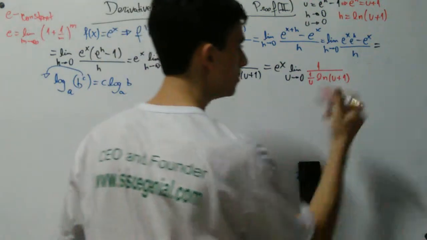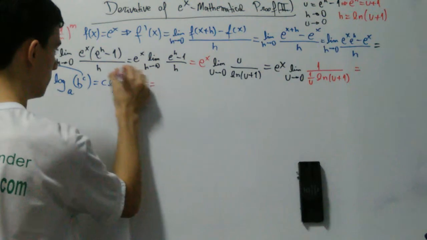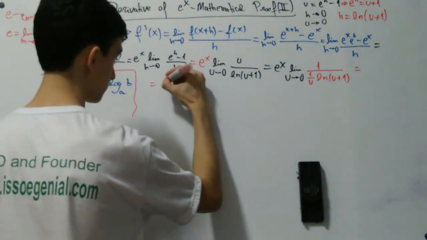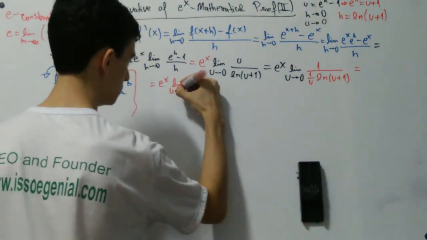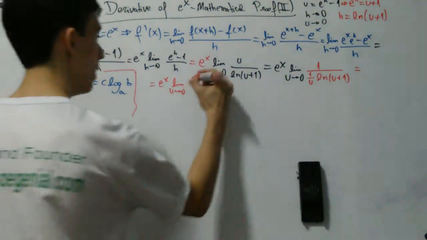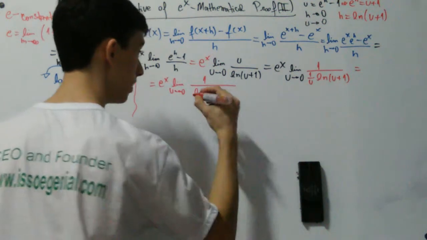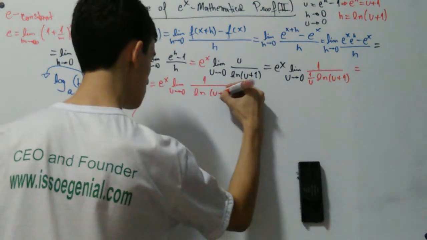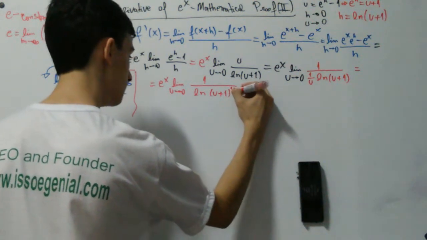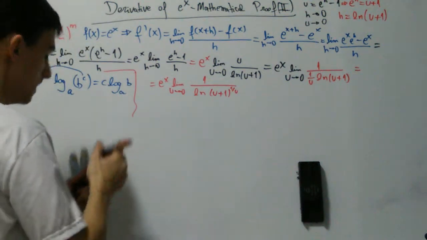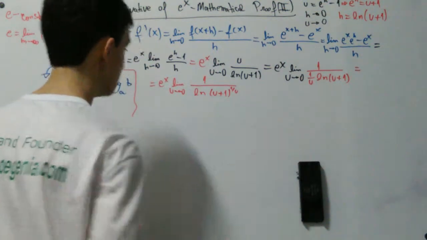So this is equal to e to the x times the limit when u approaches 0 of 1 over natural log of u plus 1 raised to 1 over u. 1 over u is the exponent of u plus 1.